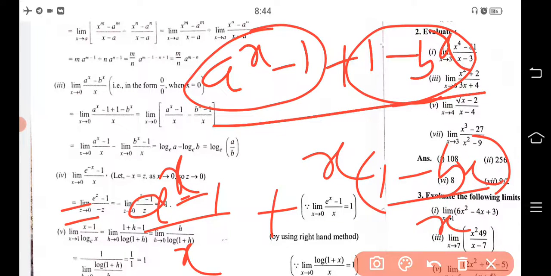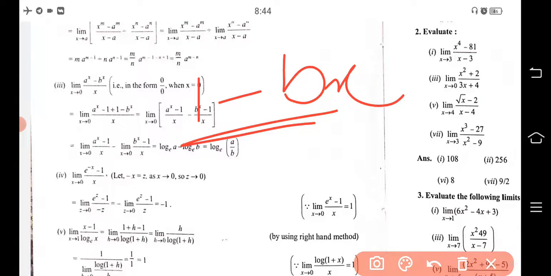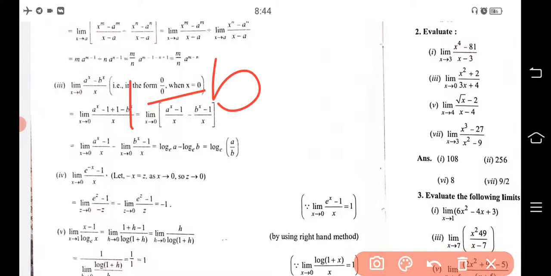You have to notice that 1 minus b to the power x, by taking a minus sign, we can change this into b to the power x minus 1. If you take a minus sign common, this would become minus 1 and this would become plus b to the power x.